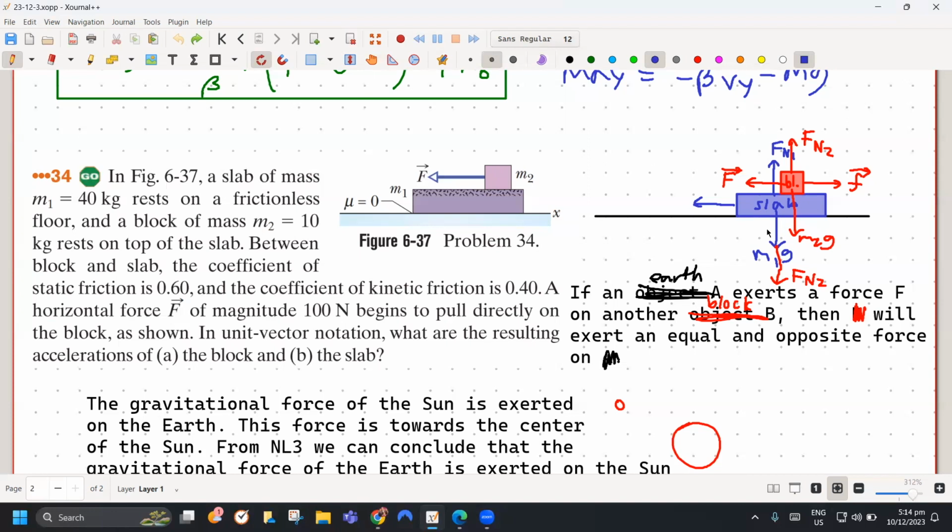Teka, i-screenshot ko yung free body diagram ko so far. Sige. Tapos, pag tingnan mo, mukhang nagma-match na ngayon.